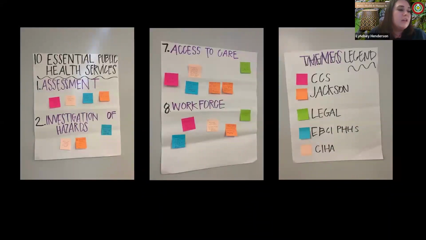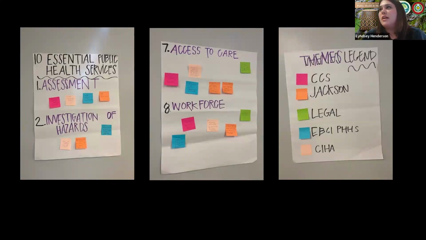So what we did is I wrote out on some large sticky notes just the topics of the 10 public health services, and I gave each participant a stack of color-coded sticky notes. So you'll see the picture on the right.